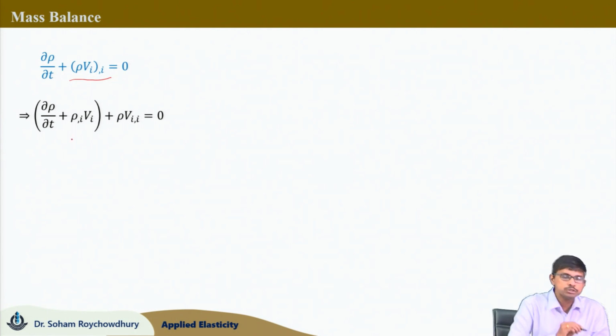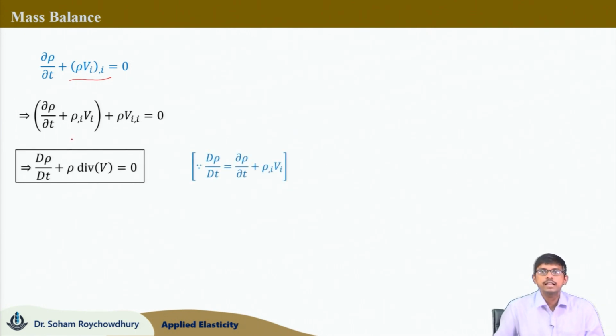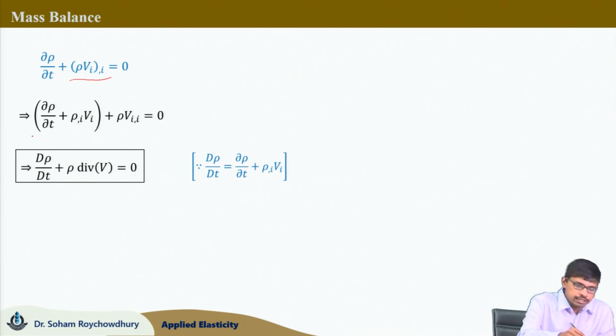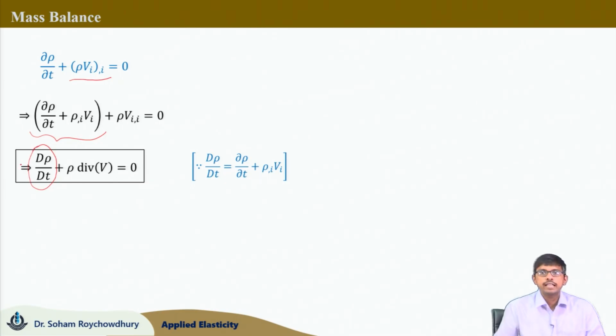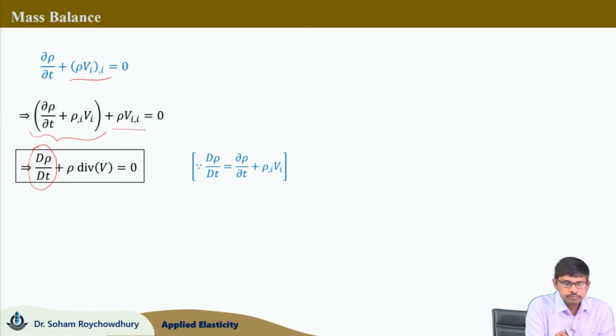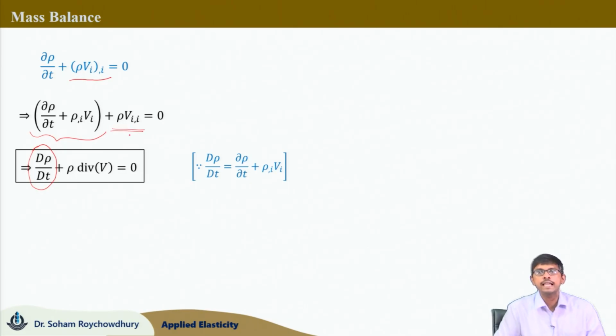Now, combining these two terms and using the definition of the material time derivative of rho in the Eulerian description, d rho dt is del rho del t plus rho comma i v_i. So, the first two terms in total give d dt of rho, the total time derivative of rho, or density of the material, and the next term is rho times v_i comma i.